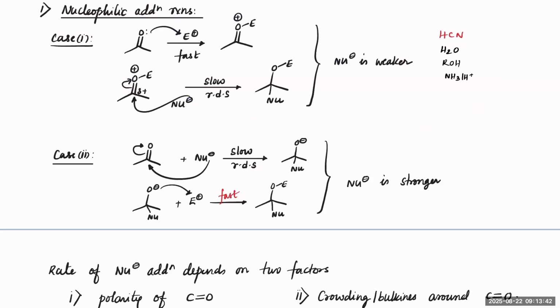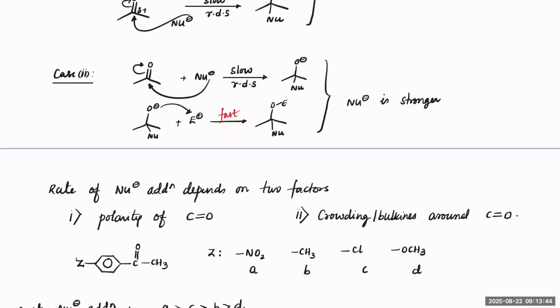Next, in case the first step itself is a nucleophilic addition, then the lone pair of that oxygen attacks the next one, which is the electrophile present. And here the nucleophilic addition is again the rate determining step. So this is also a nucleophilic addition reaction. And oxygen attack on the electrophile is faster.